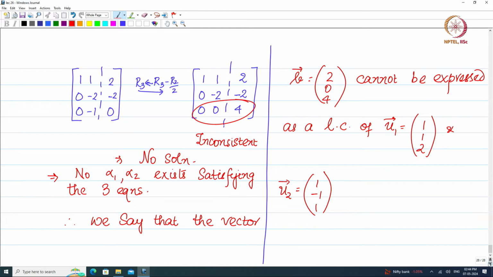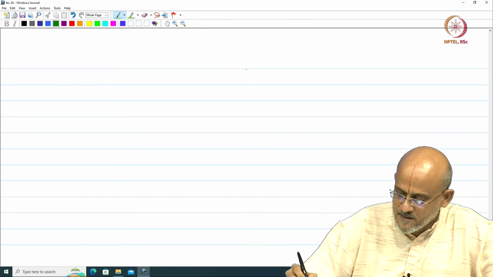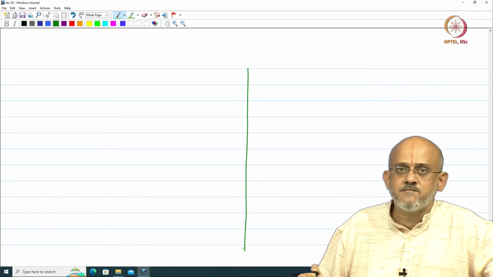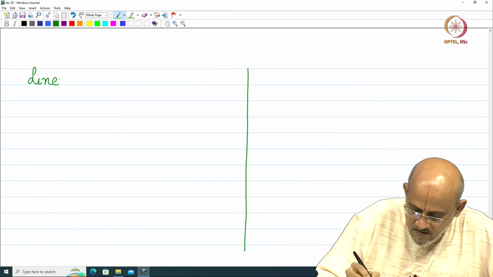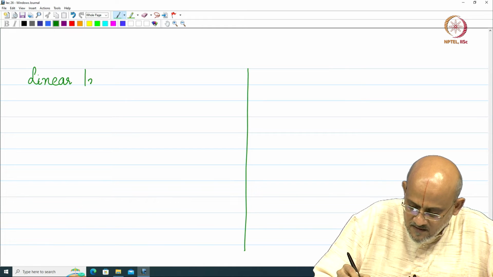Okay. Now, given a set of vectors, we also had in the past when we discussed, the idea of linear independence. So, let us look at the notion of linear independence in higher dimensional vector space.